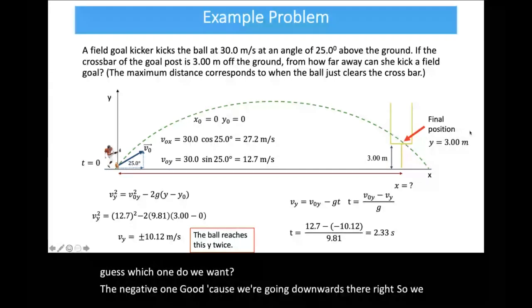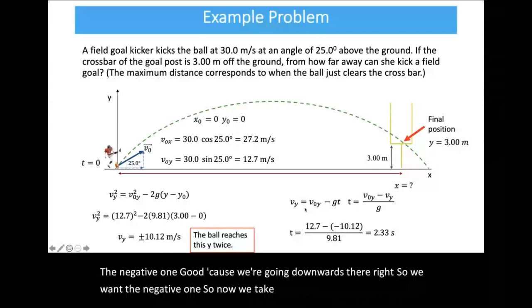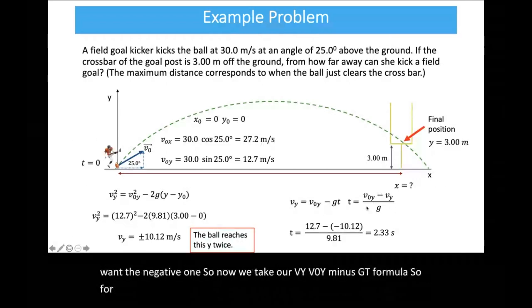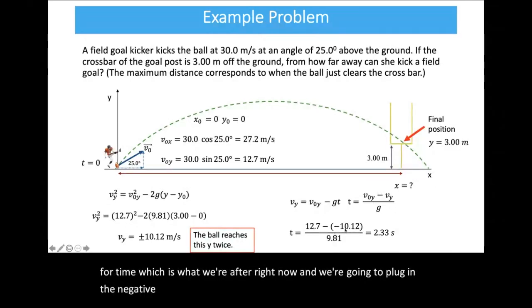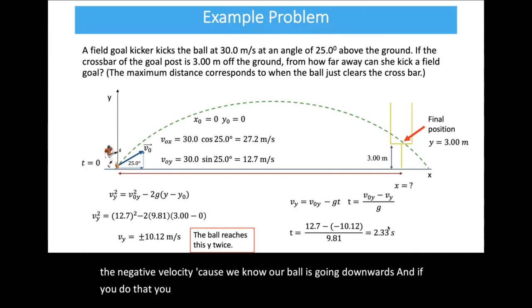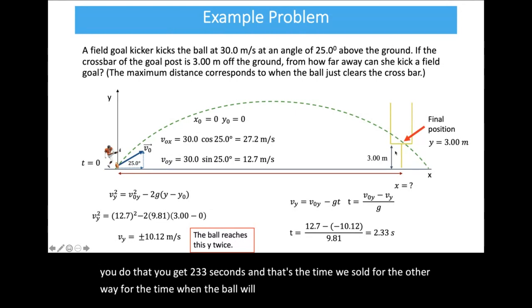So now we take our Vy equals V0y minus gt formula, solve for time, which is what we're after right now, and plug in the negative velocity because we know our ball is going downwards. If you do that, you get 2.33 seconds, and that's the time we solved for the other way, the time when the ball will be just above the field post here.